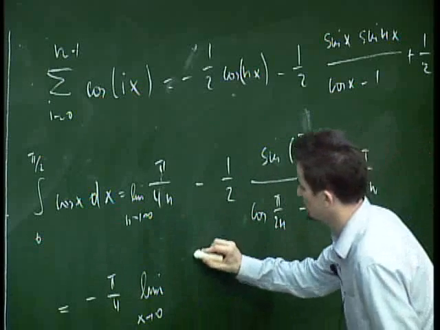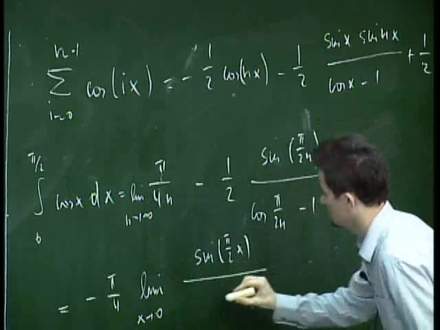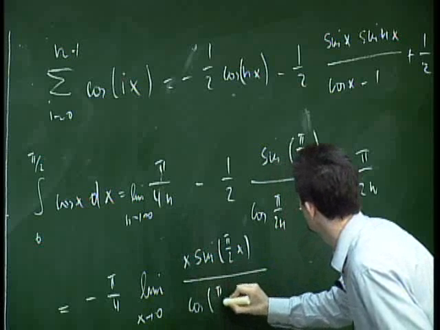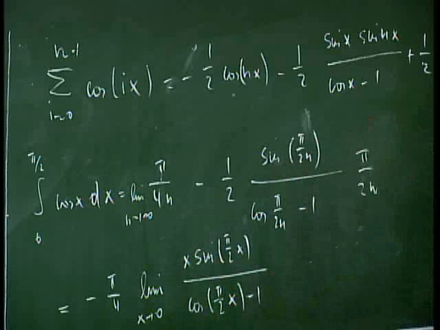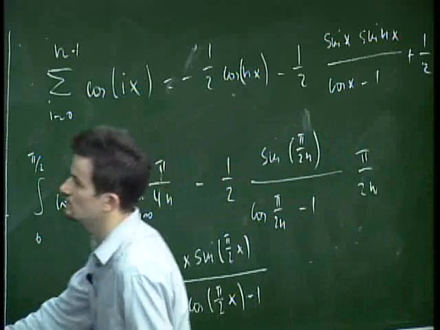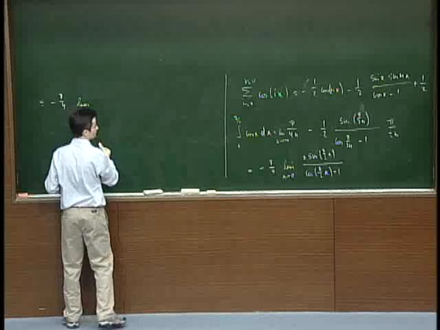So we have sine of pi half x over cosine of pi half x minus 1, with another x here. So actually this is 0 over 0.